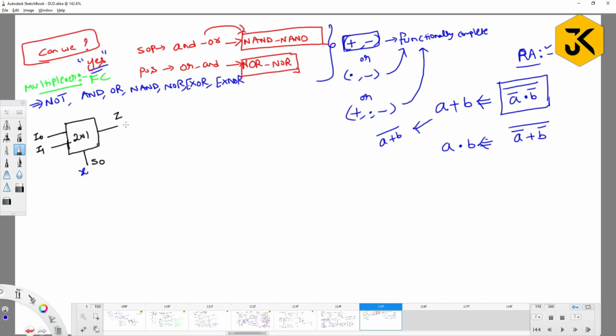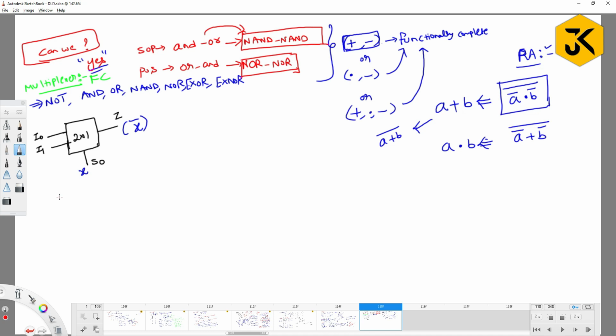Now, if I give an input like X, I need to get the output for the NOT gate, X bar. How can we get it? If I give input as X, how can we get X bar? So that I can say the multiplexer will act as a NOT gate. Observe the equation we are going to get.